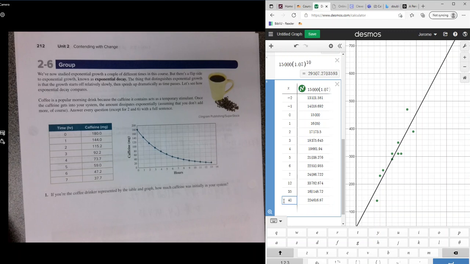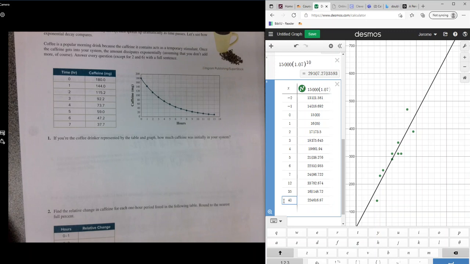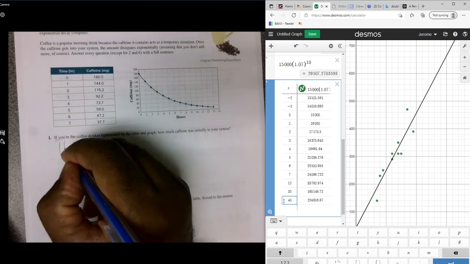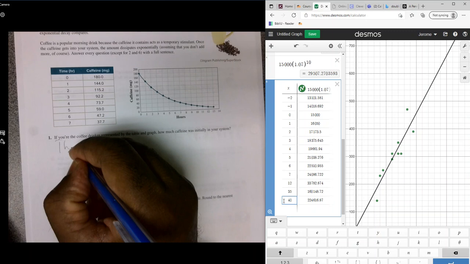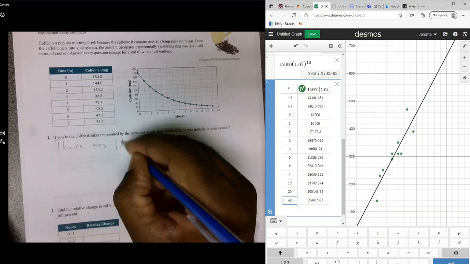How much caffeine was initially in your system? So we could say there was 180.0 milligrams of caffeine in my system initially.